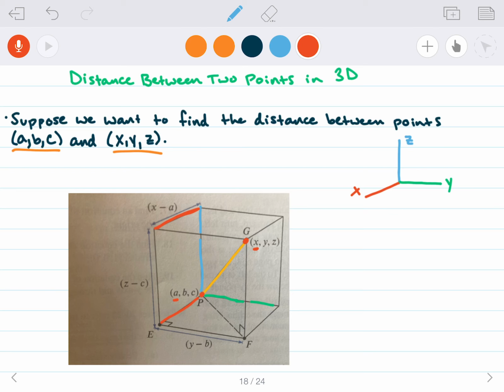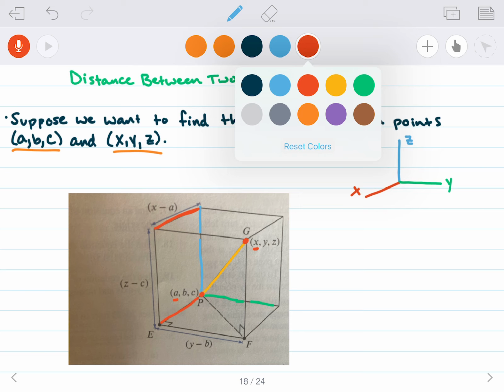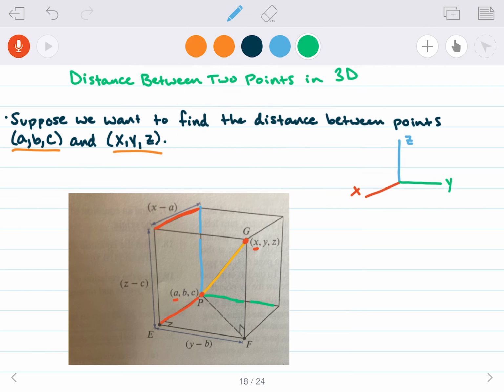In a similar way, if we look at B and we take a look at this segment right here, this segment is Y minus B because it's the difference between where Y is and where B is. Okay? So that's Y minus B, and in a similar way, we have Z minus C, which is this guy right here.